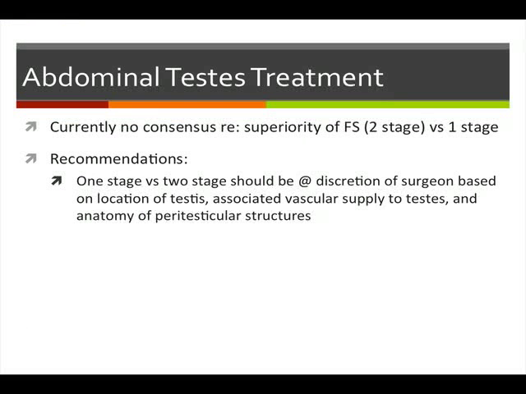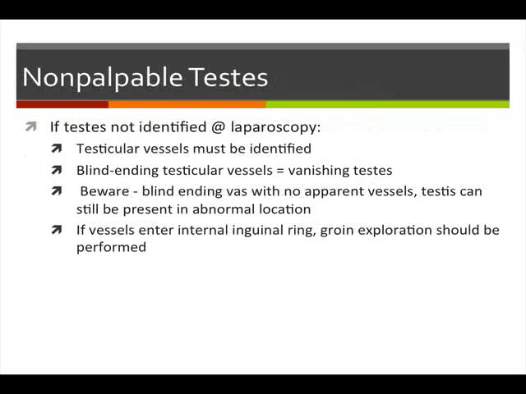So, in terms of recommendations, whether you do a one-stage or a two-stage approach should be based upon the discretion of the surgeon, and a decision made at time of surgery.